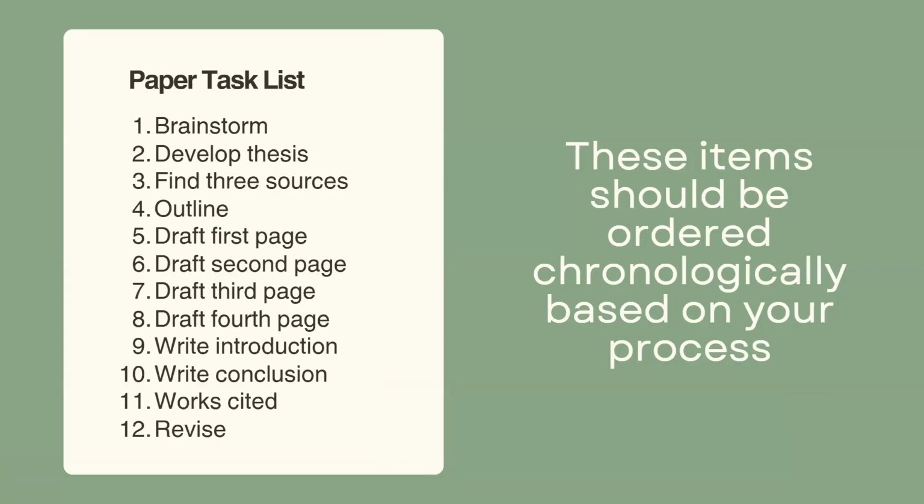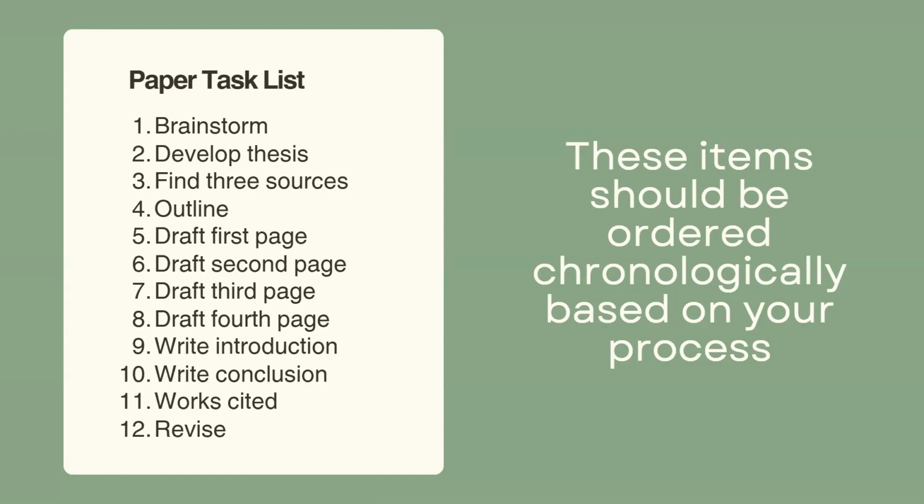For example, we have here a paper task list. This is something that's going to be a little more universal than the test prep list, where we list out all of the steps that you would need to do for writing a paper in order of the process that you would approach them.